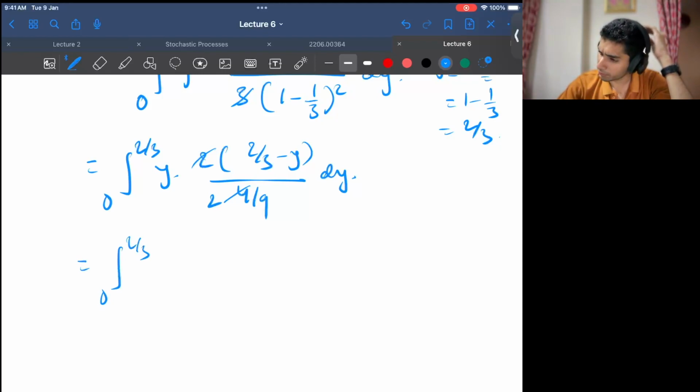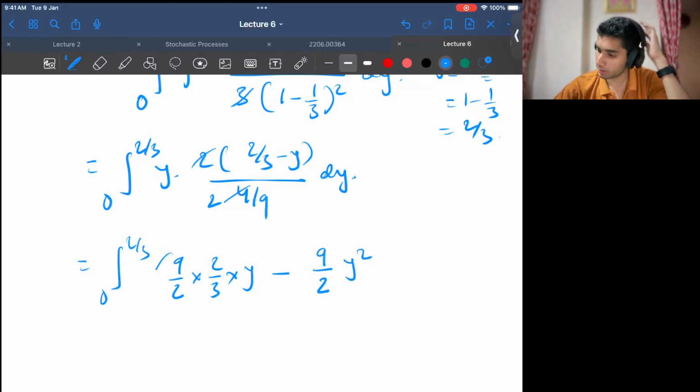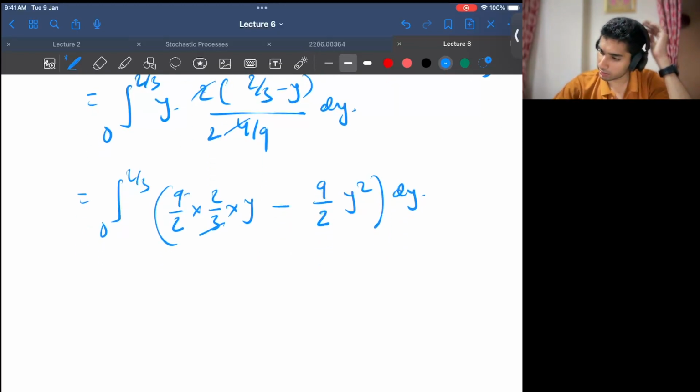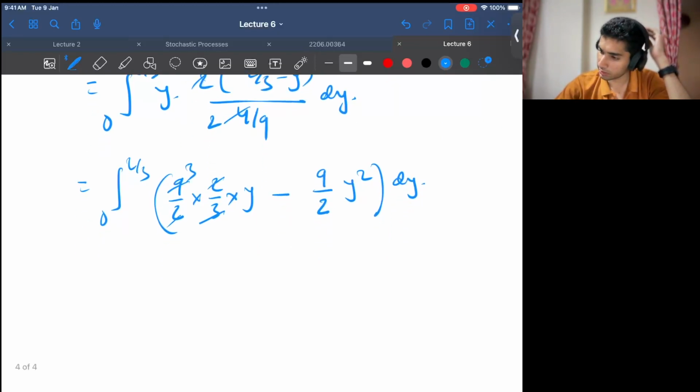This will become what? So 9 by 2 into 2 by 3 into y minus 9 by 2 times y square, this thing dy. 3 3 is a 9, 2 2 gets cancelled.